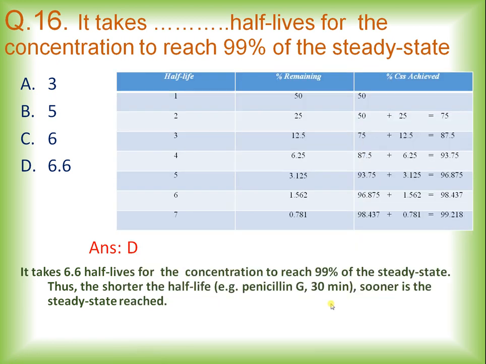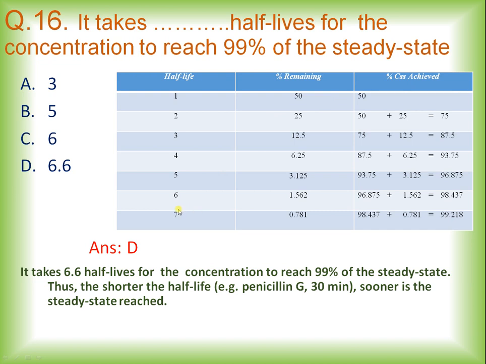Now from this table you will come to know that, if you see, this is the half-life. The first half-life, how much percent is remaining? 50%. Okay, so the percentage which has been achieved at the steady state, meaning the concentration of drug which has been achieved at the steady state, is shown over here.